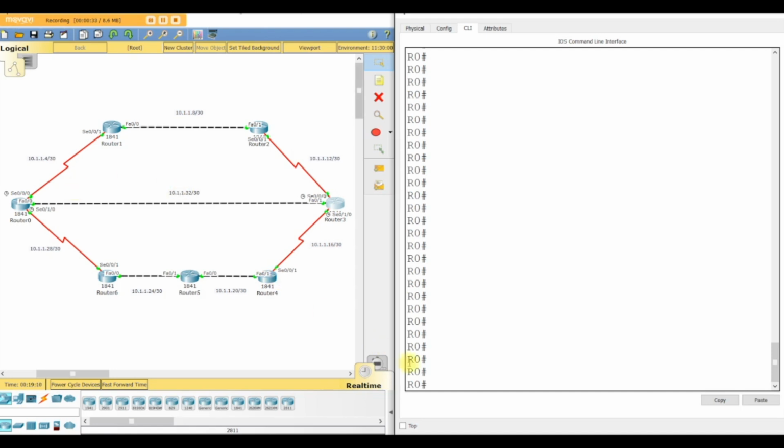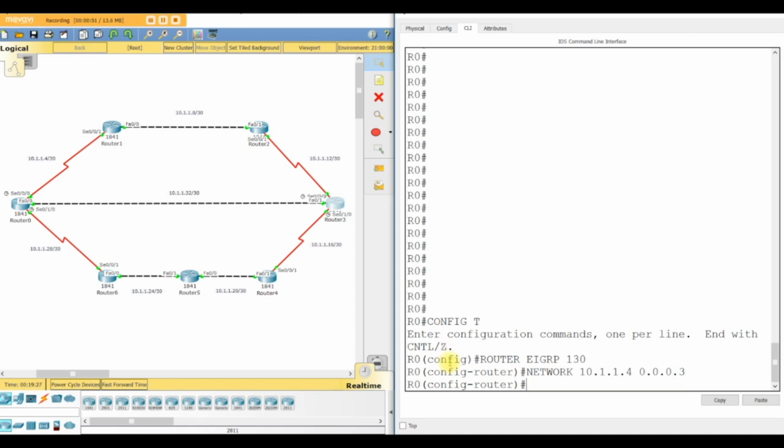We're in router 0. Let's do a config t. Router EIGRP, let's say 130, just to make it different. And then we say network, or net. This time we'll actually go 10.1.1.4 0.0.0.3. EIGRP allows us to do that, but I'll say something about that later.